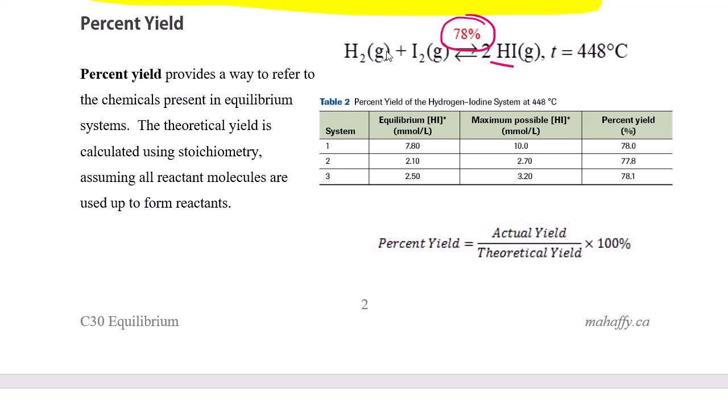And the 78% is going to form the product over here. So my percent yield can be a useful way to figure out the position of the equilibrium system. Does it produce more products, or does it produce few products and remain mostly as reactants? We could calculate this theoretical yield just using basic stoichiometry.